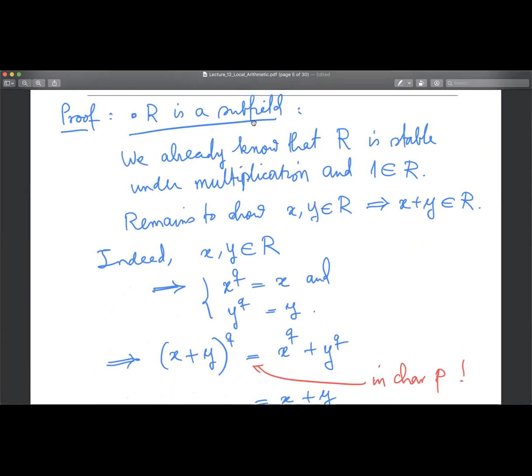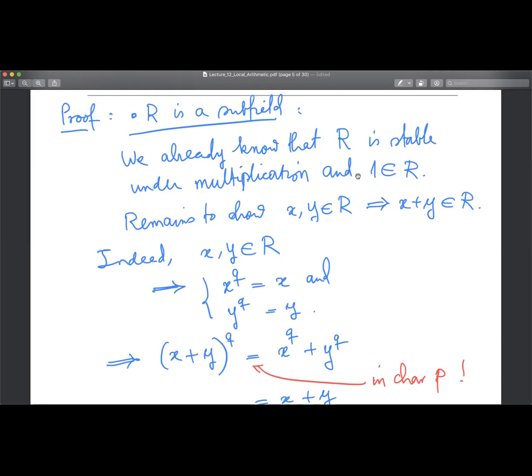Now, first of all, R is a subfield. We already know that R is stable under multiplication and 1 is in R. In other words, R is a submonoid of the multiplicative monoid K. A field or a ring is an additive group plus a multiplicative monoid, and these two structures have to be compatible, in the sense that multiplication distributes over addition.